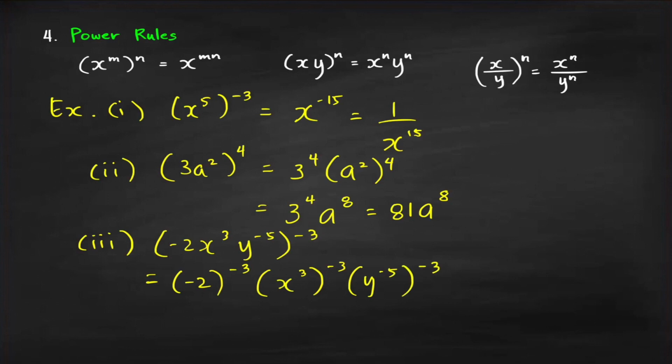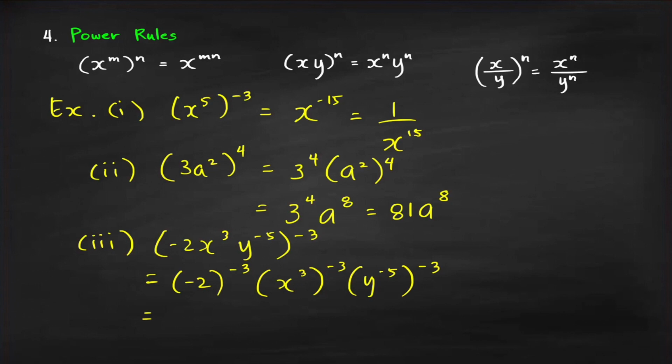And we apply the first power rule for the second factor and the third factor here, because the x is raised to 3 and then again raised to negative 3, and y is raised to negative 5 and raised to negative 3.